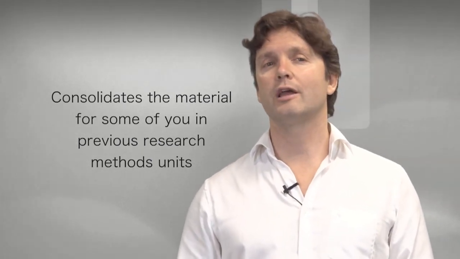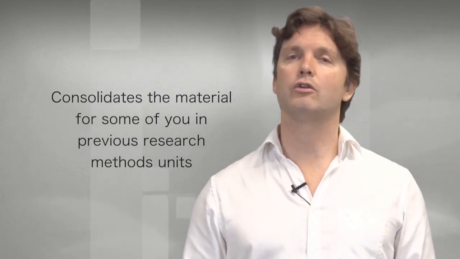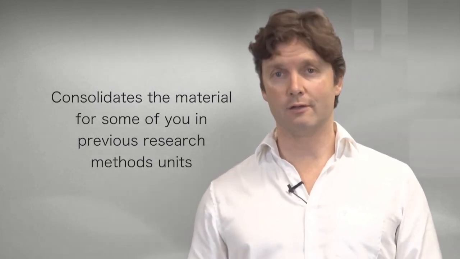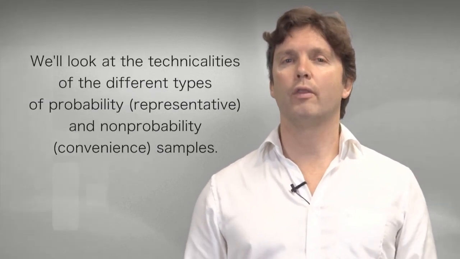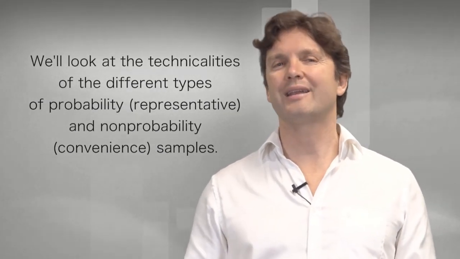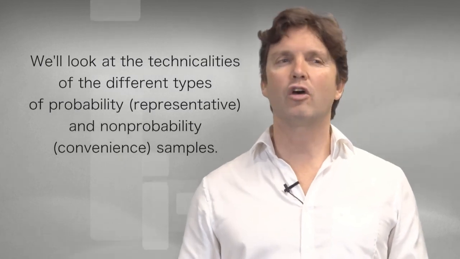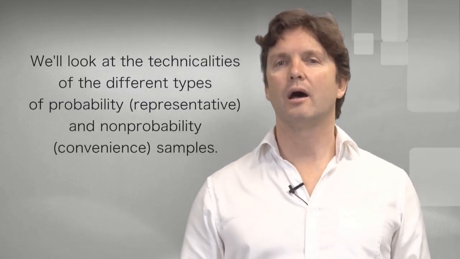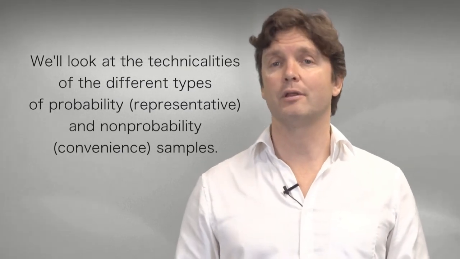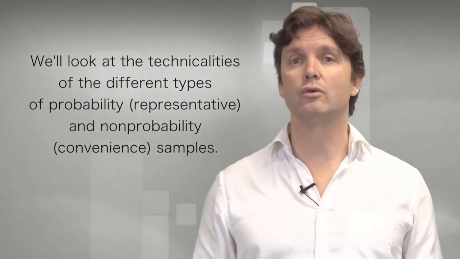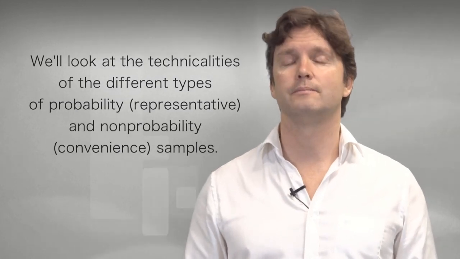Following on from the previous lecture, when I introduced the basic notions of representative and convenience sampling, I'm going to build on that and look at the different technicalities or different types of probability, or representative, and non-probability, or convenience, sampling. So I'm going to go into that sampling issue in far more detail.